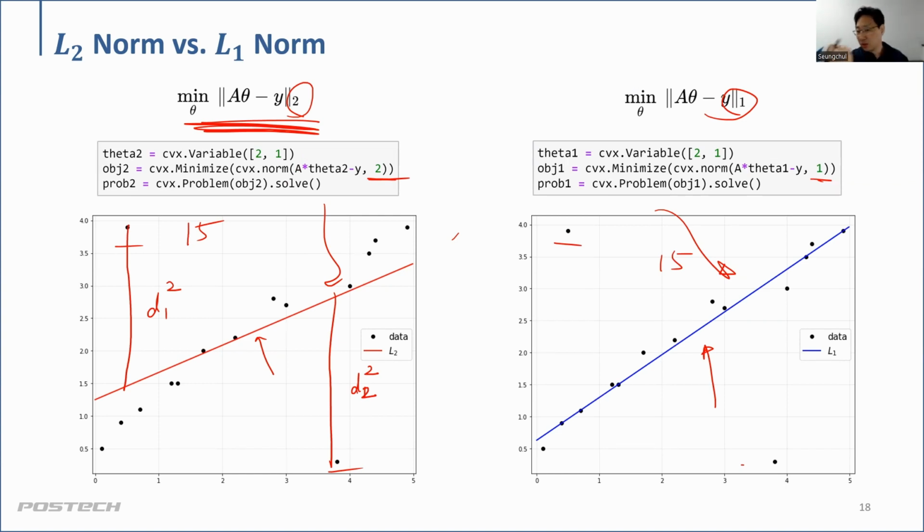But on this side, we do have that, but we're not going to square it. That's, I guess, the reasoning behind it.